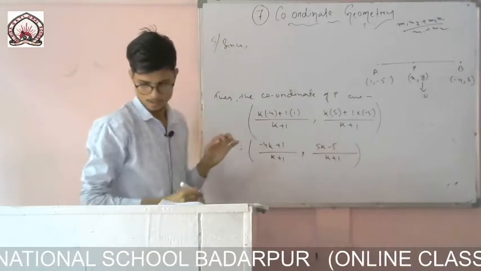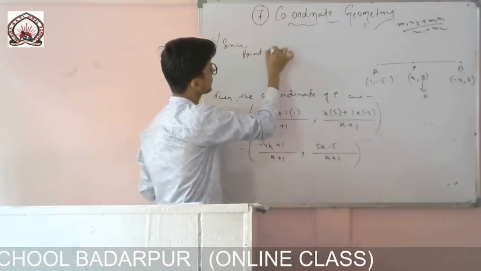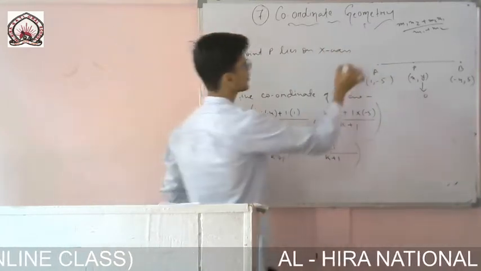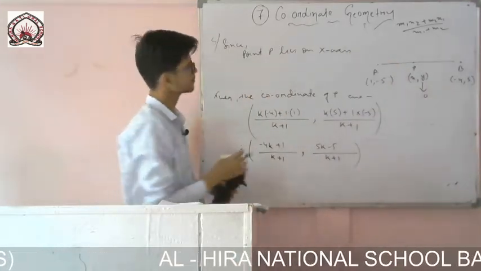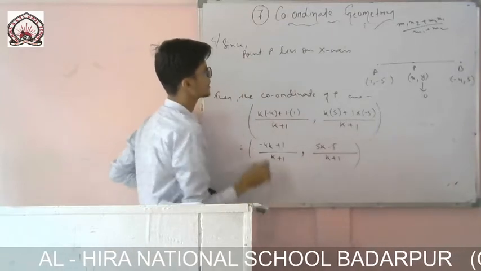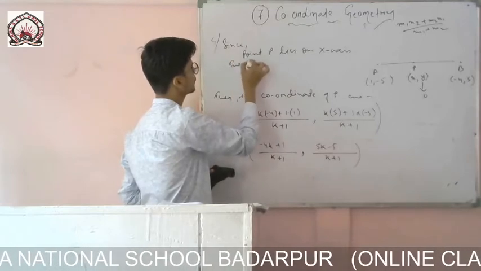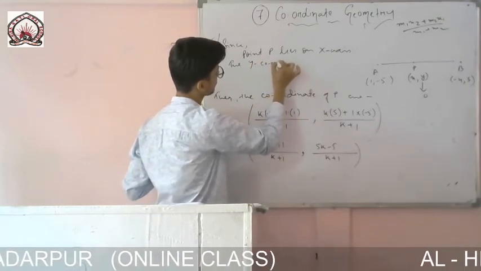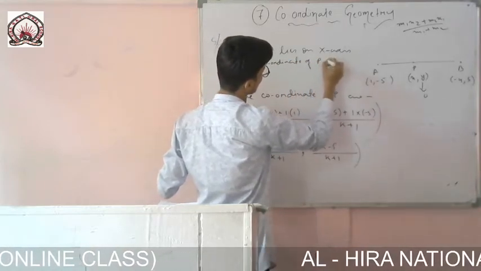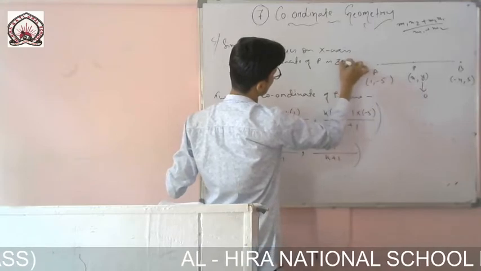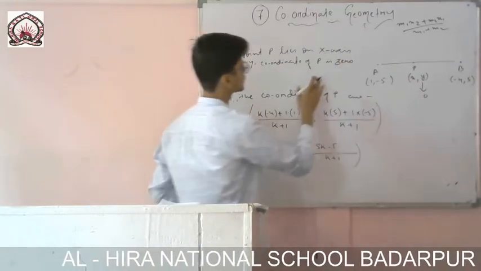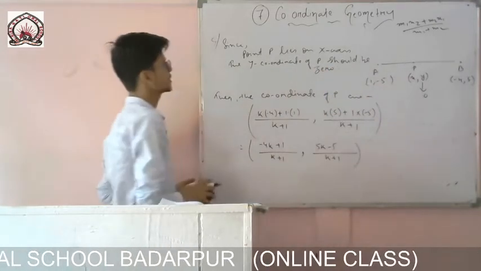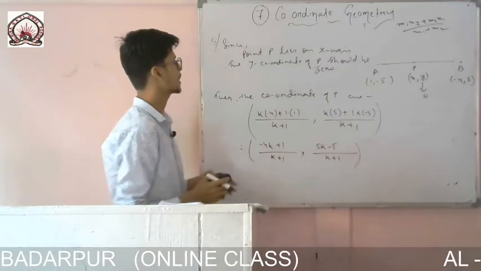Since point P lies on the x-axis, therefore the y coordinate of P should be 0.